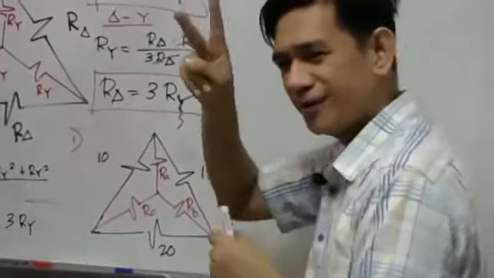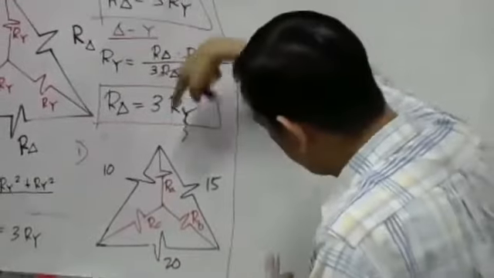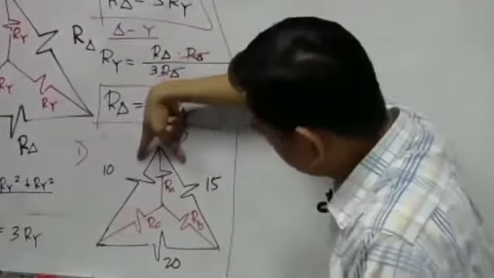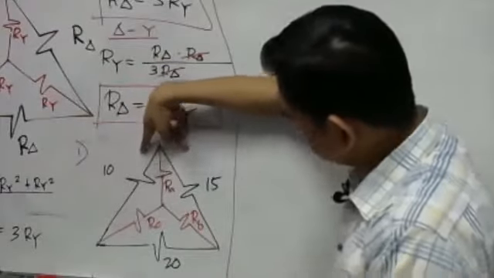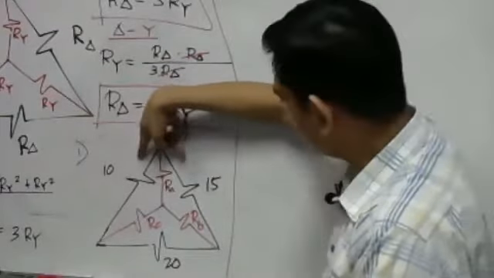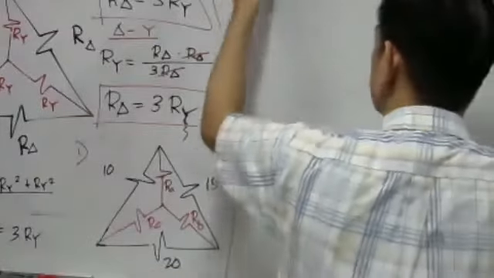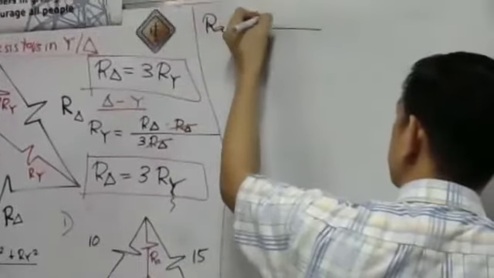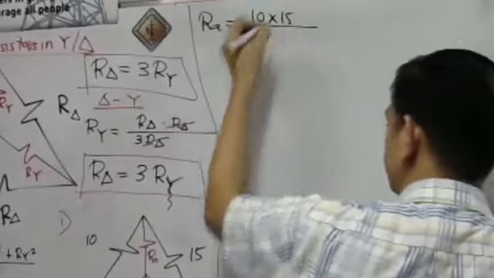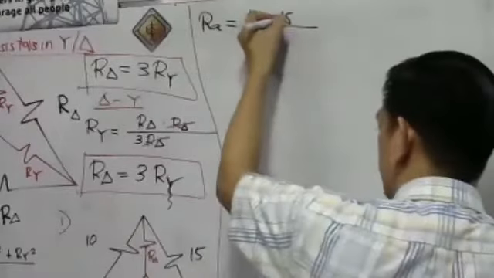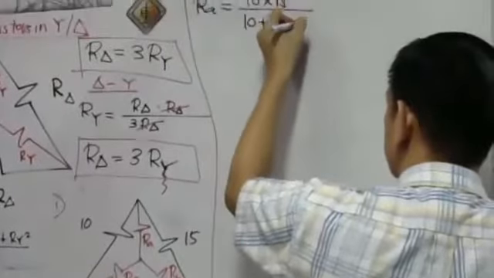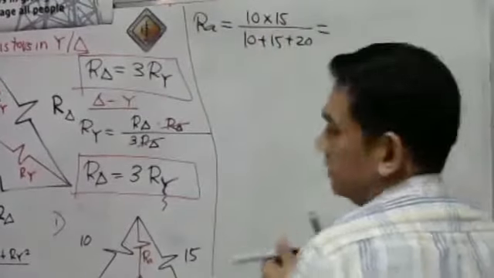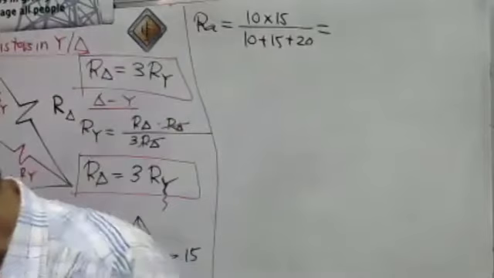We have 10 times 15. So let us put here 10 times 15 divided by 10 plus 15 plus 20. Okay, so let us calculate.